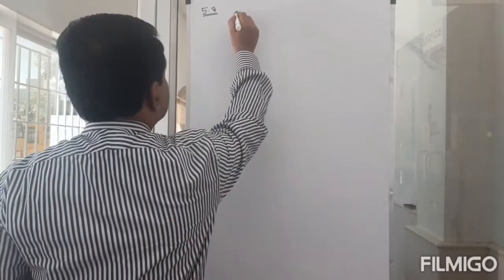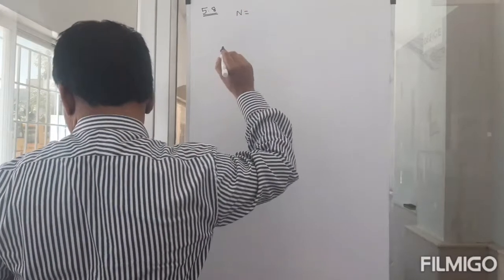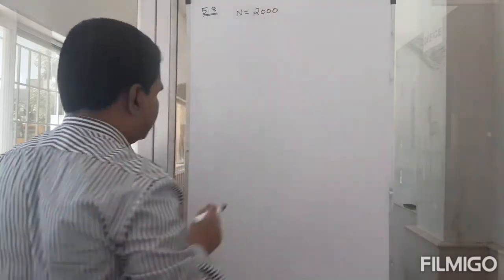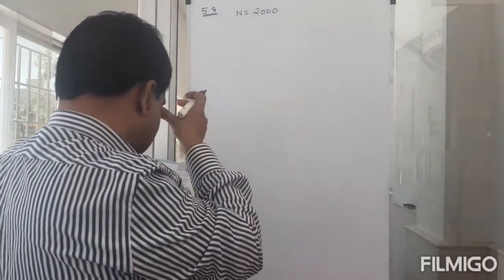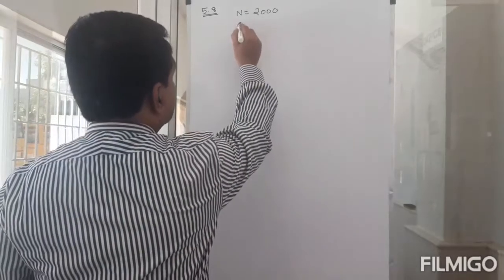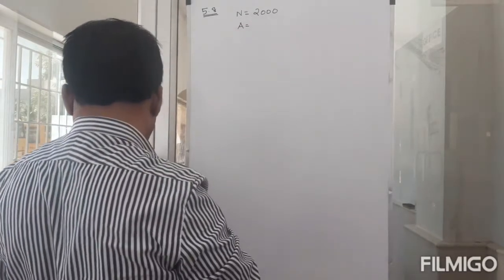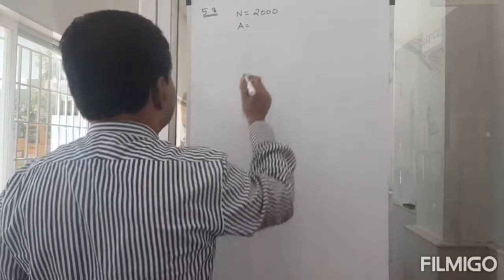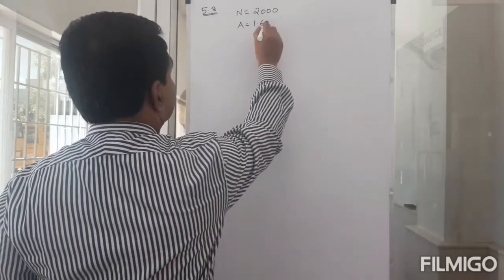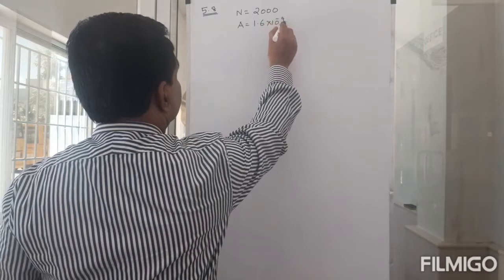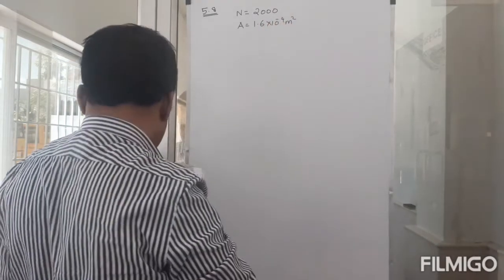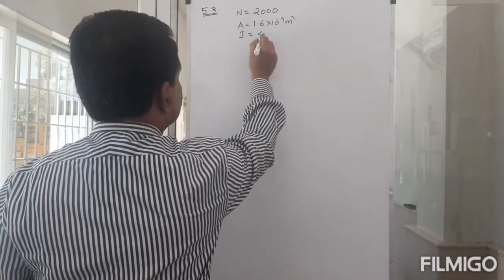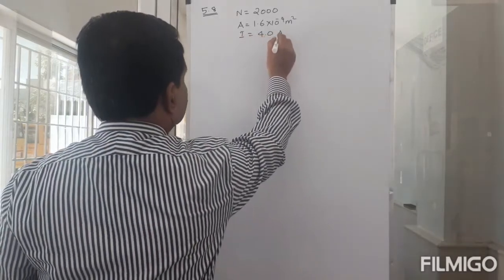So the number of turns in the solenoid is 2000, and the area of cross section A is given to be 1.6 into 10 power minus 4 meters squared, and the current I is given to be 4 amperes.